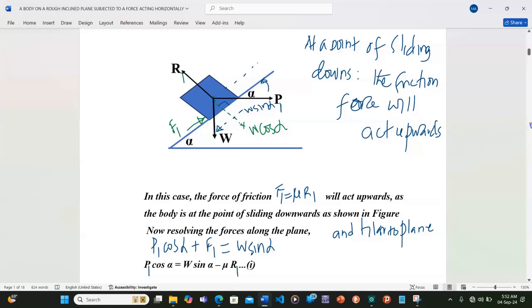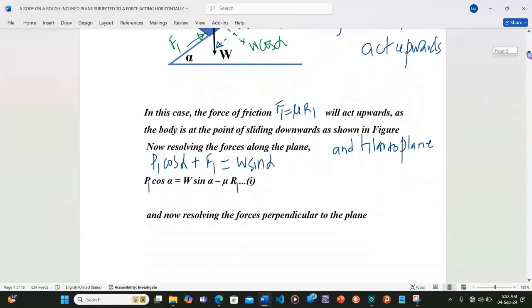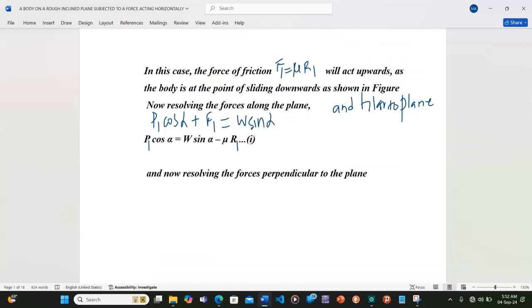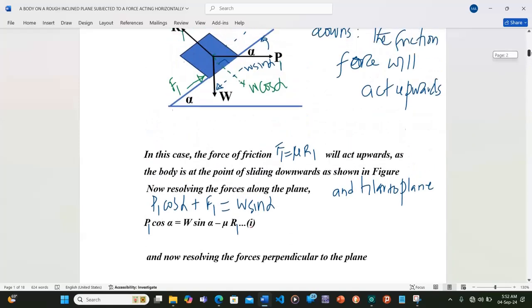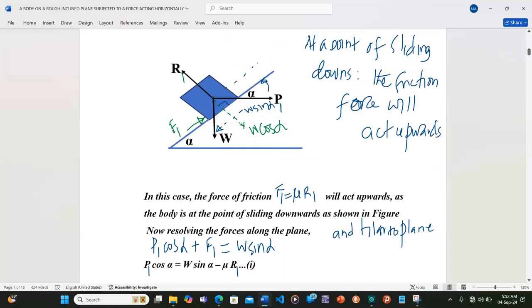So I call that one equation 1, and then I resolve forces perpendicular to the plane. If I resolve forces perpendicular to the plane, then that means I will have a force due to P1, so that will be P1 sine alpha plus W cos alpha should be equal to R1.